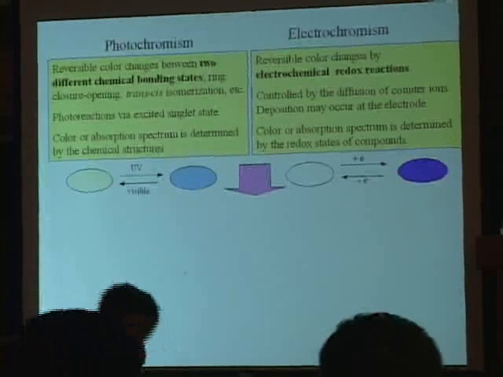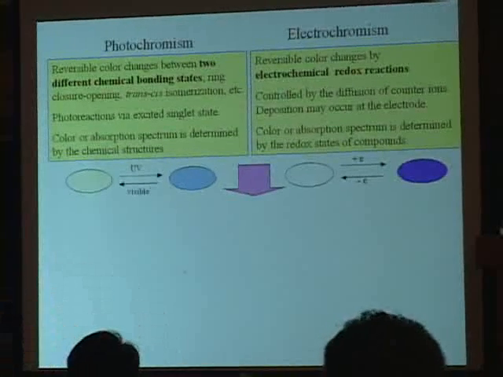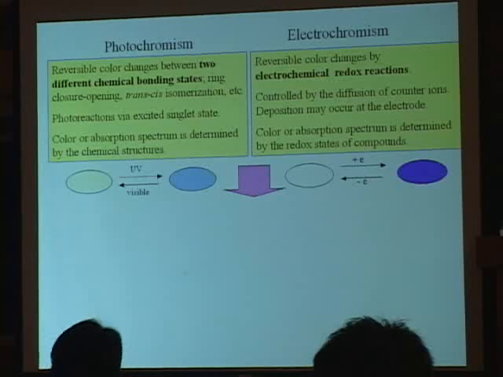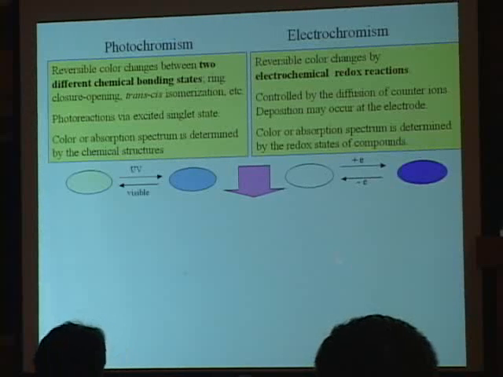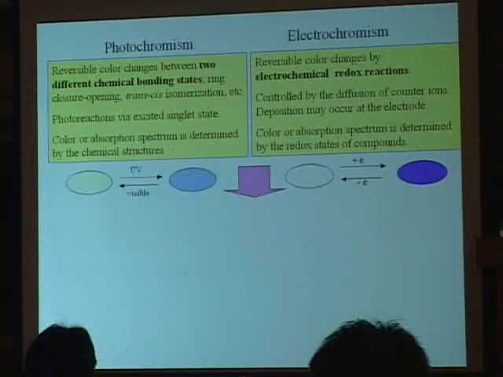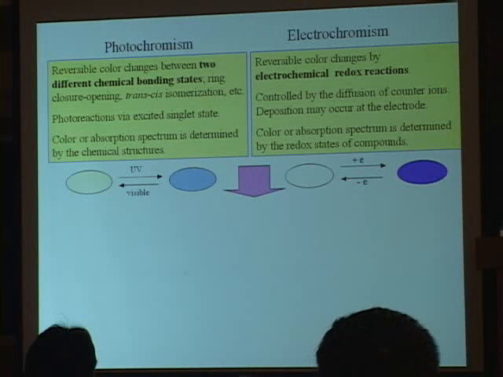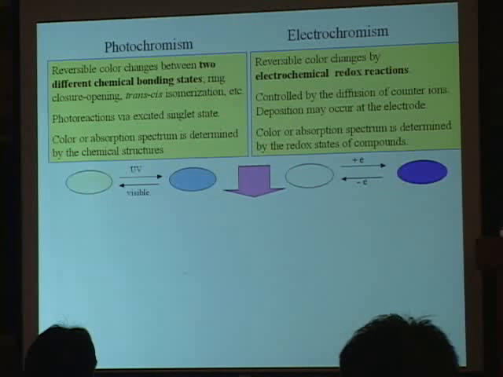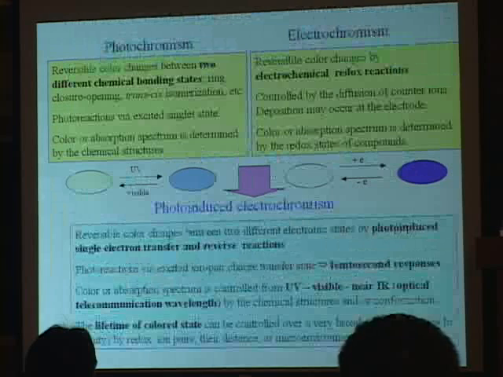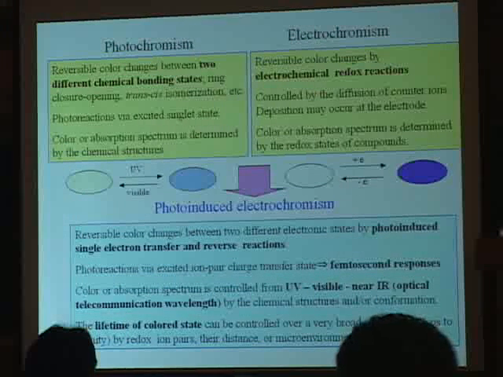So electrochromism, as you know, is a phenomenon of color change due to redox reactions. One electron addition or removal will change the electronic state of materials, which forms the color state. And we combine these two phenomena.